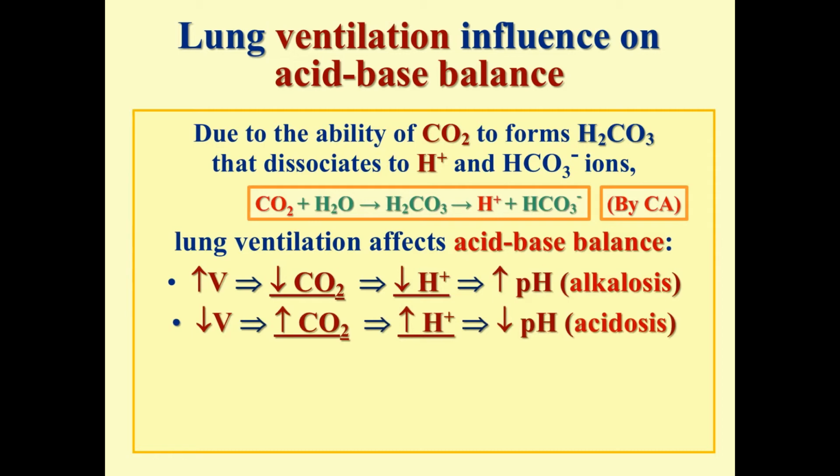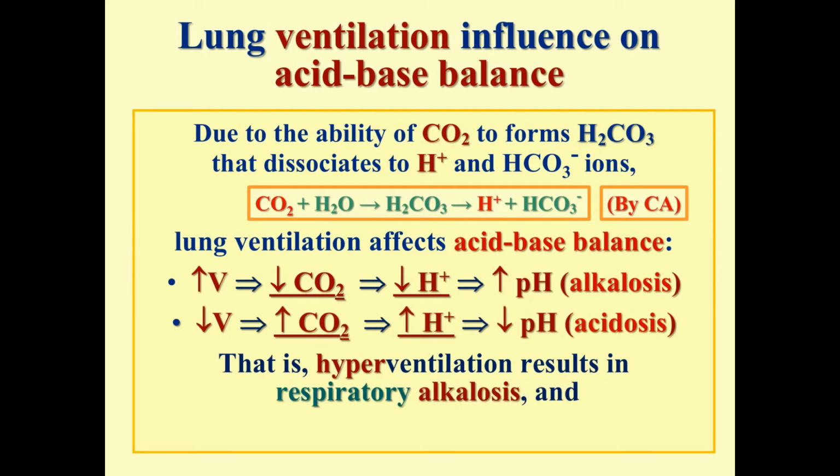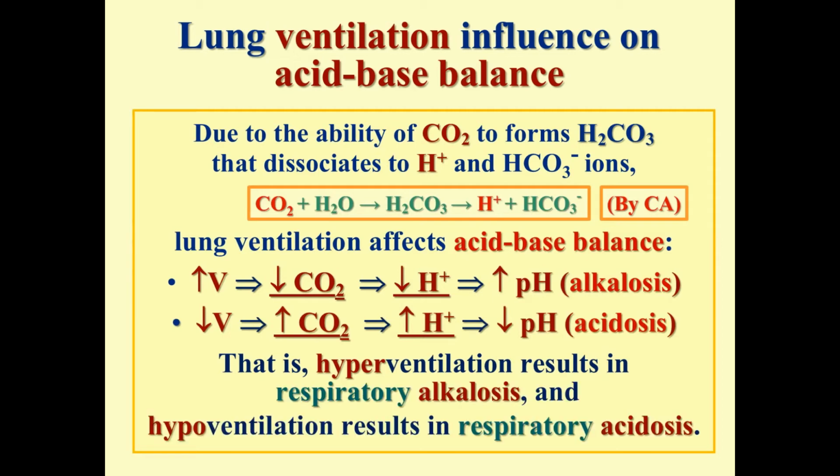So there is decrease of pH, or simply acidosis. When the reason of all this alkalosis and acidosis is decreased or increased lung ventilation, we can say that these changes of acid-base balance are respiratory. Hyperventilation produces respiratory alkalosis and hypoventilation produces respiratory acidosis.